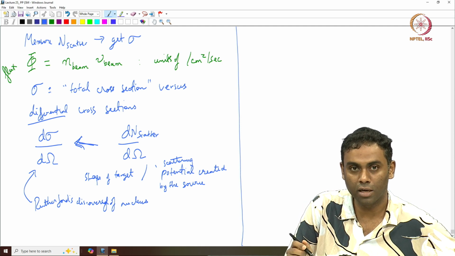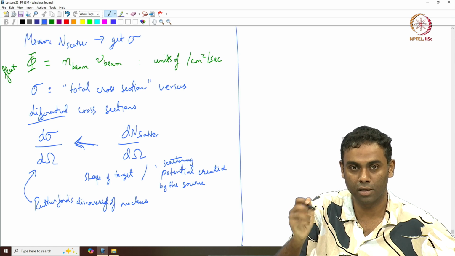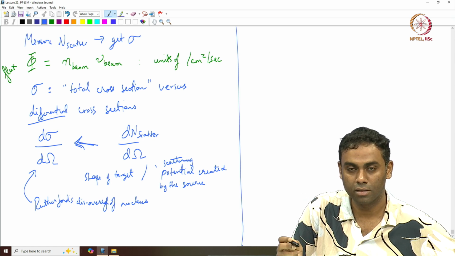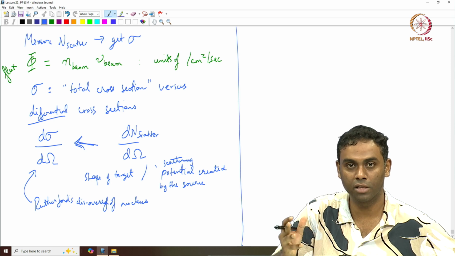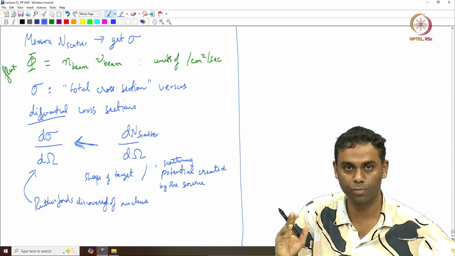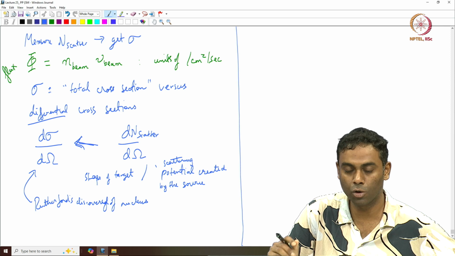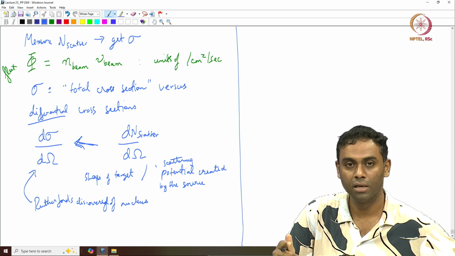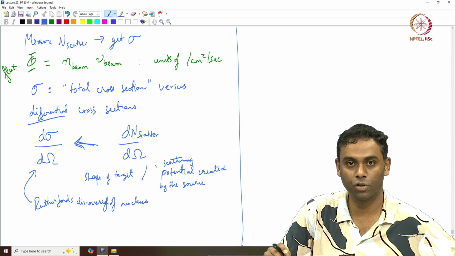Because he saw that, among other things, some of the alpha particles were actually scattering back in the backward direction, which showed that there was something in the middle of the atom that had a very strong Coulomb repulsion. Right?